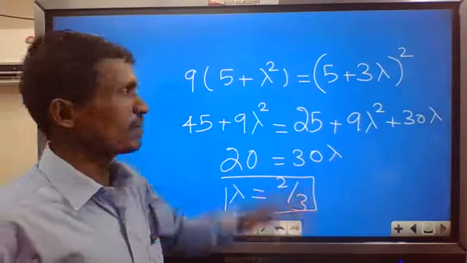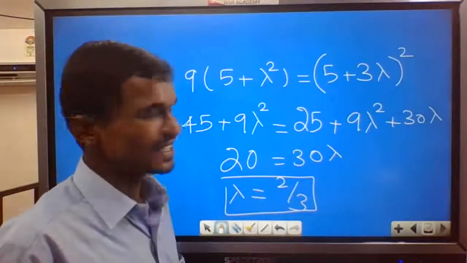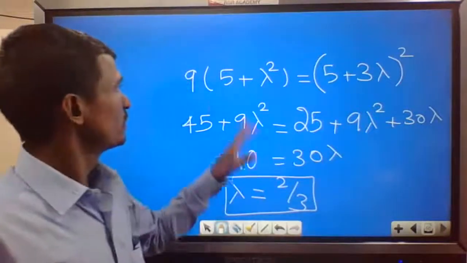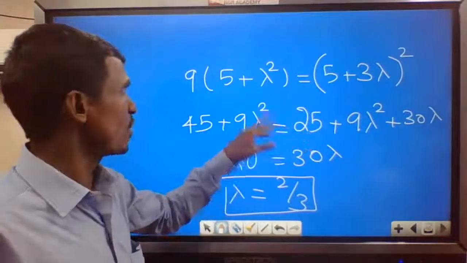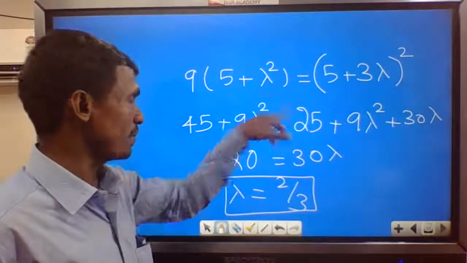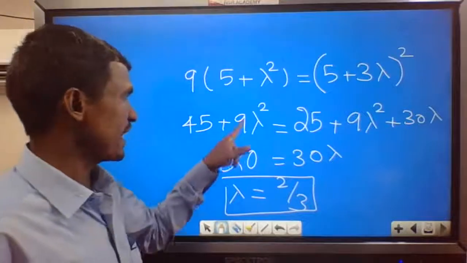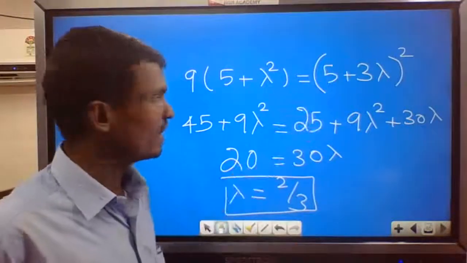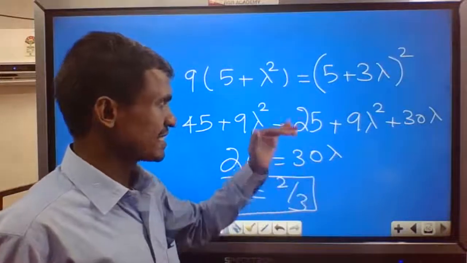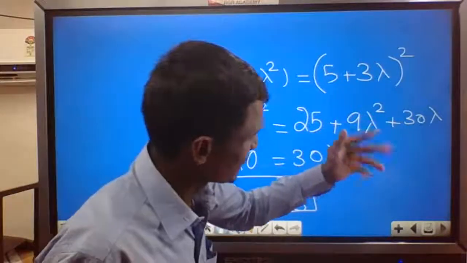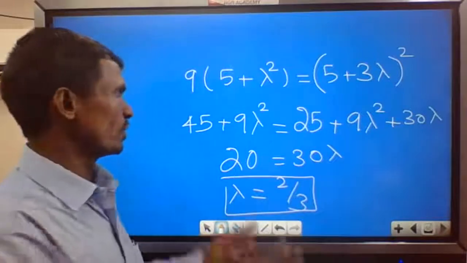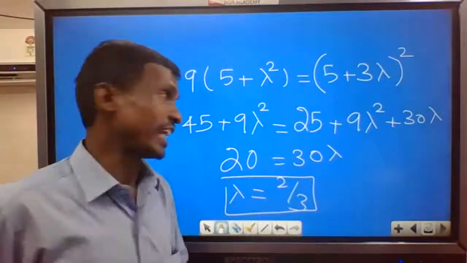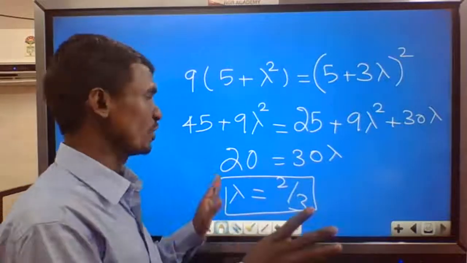Multiplying inside, 45 plus 9 lambda square equals, using the a plus b whole square formula, 25 plus 9 lambda square plus 30 lambda.